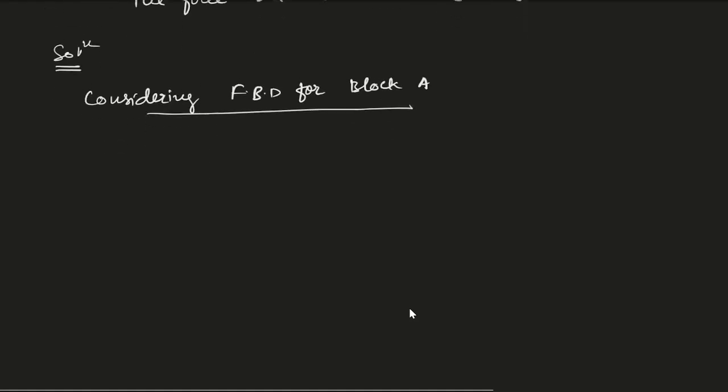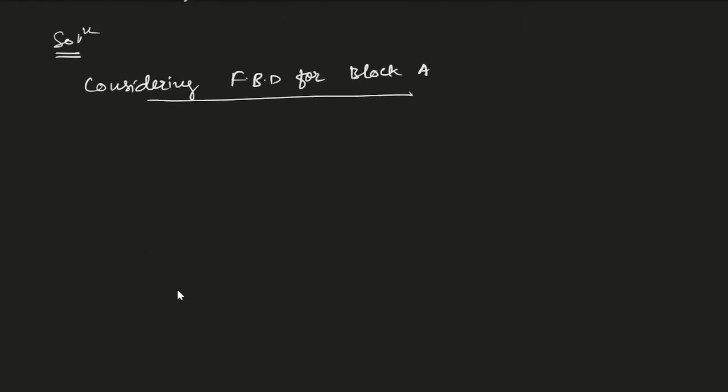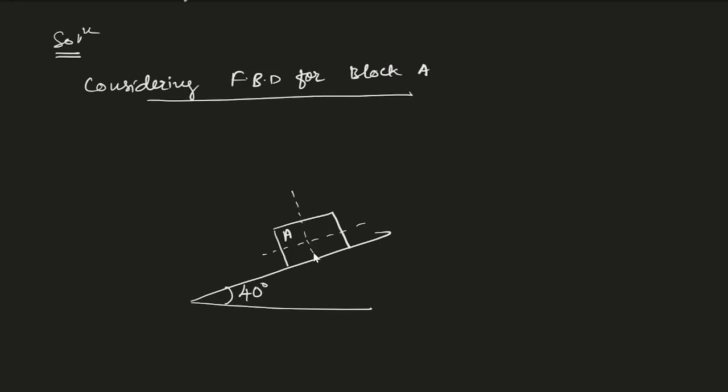Okay, now they have the inclined slope of 40 degrees. The inclination is 40 degrees and we have mass A. Now on the block, what all forces will be acting? First is the normal reaction, acting perpendicular to the block, and the weight of the block will be acting downward.